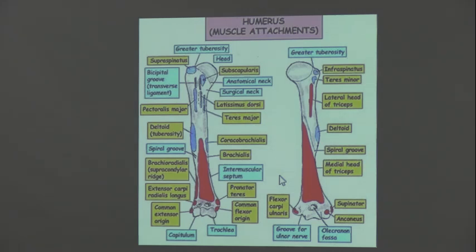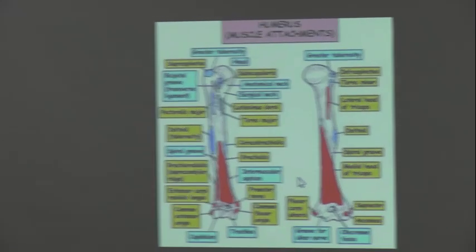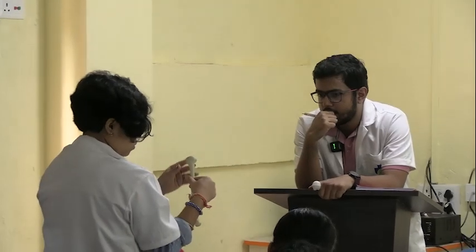Hold this, stand up. In the exam they will ask you about the spiral groove, but you cannot make it out here. So is it right or left? Look again. There is no spiral groove visible here. A groove means a depressed part, and the radial nerve passes through here, but you cannot see it.